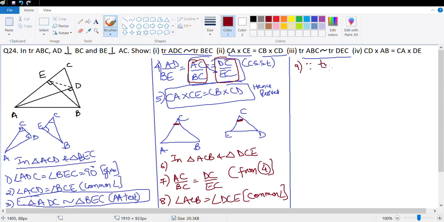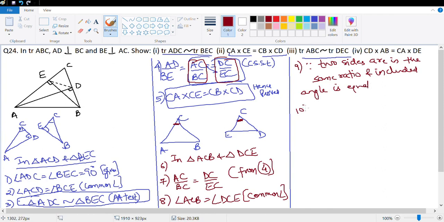Since two sides are in the same ratio and included angle is equal, therefore triangle ABC is similar to triangle DEC by SAS test. Done. So this part of the question is done.